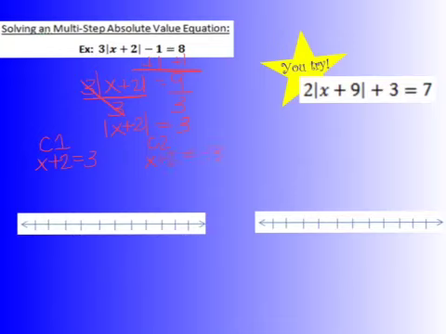Again, notice I did not change the expression inside of the absolute value. That stayed the same. I just changed the value of the 3. I made it negative. So now I'm going to solve case 1 and case 2, and both of these are pretty easy to solve. I'm going to say minus 2, minus 2.